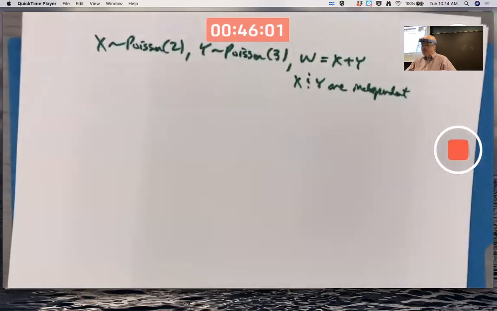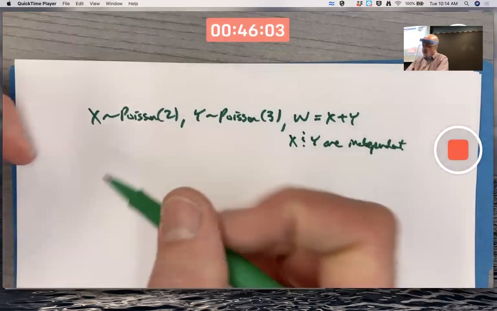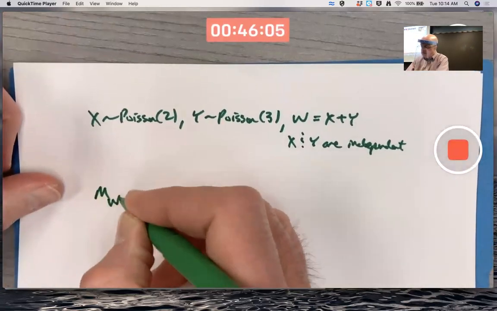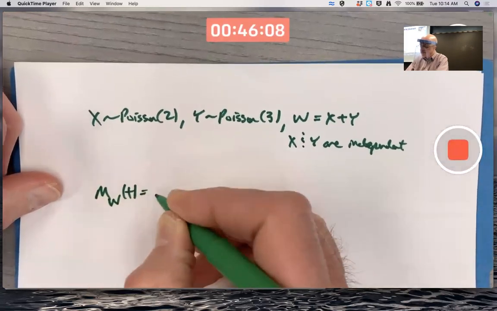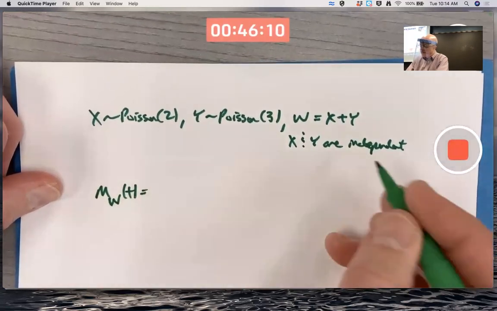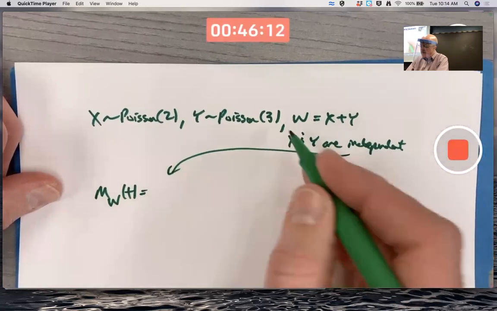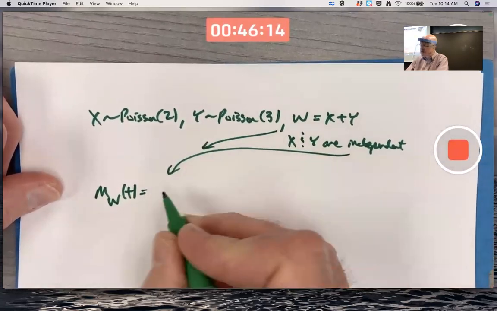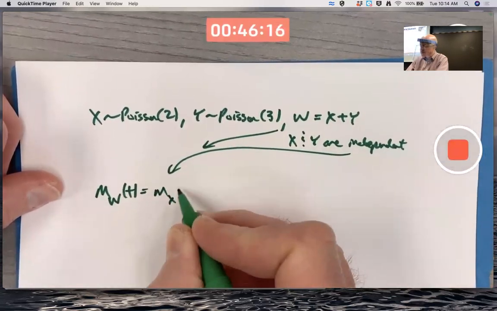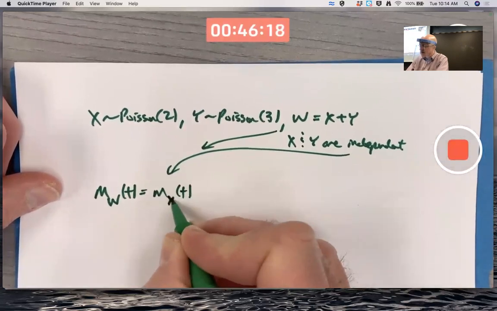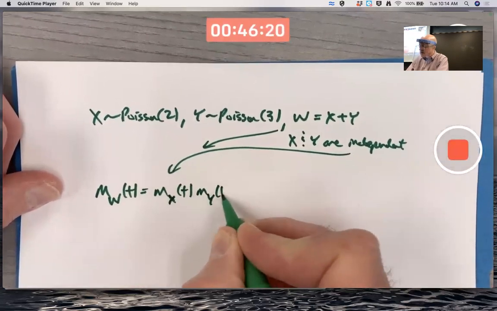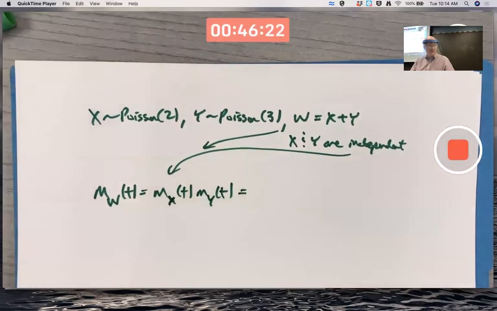So that would be true here. The moment generating function for W, by independence, since W is the sum, is going to be the product of the moment generating functions for X and Y. Look it up in the table.